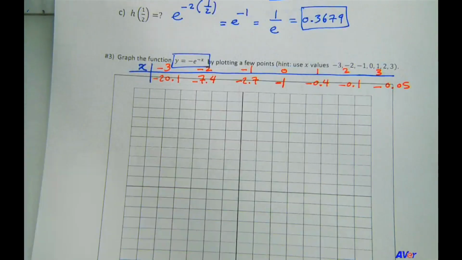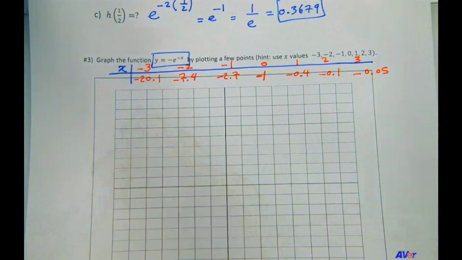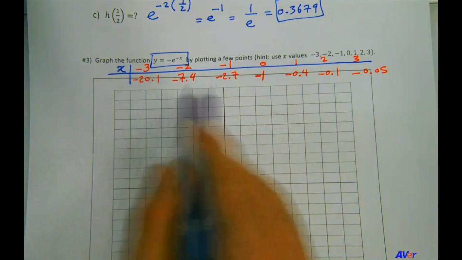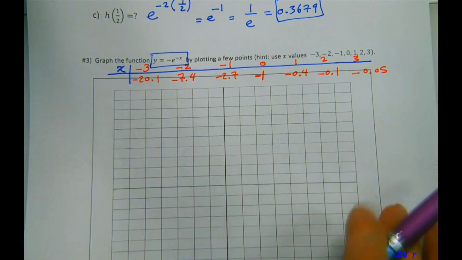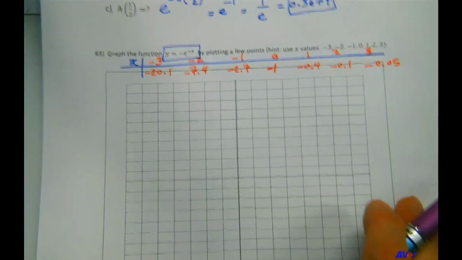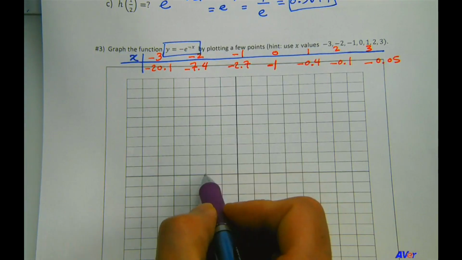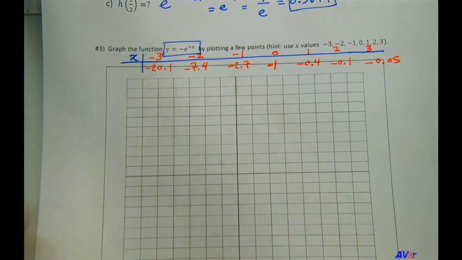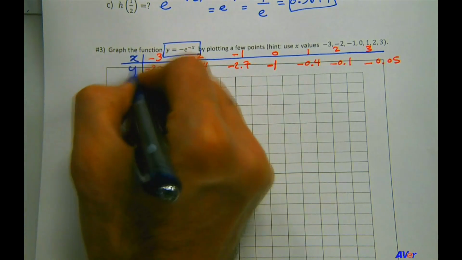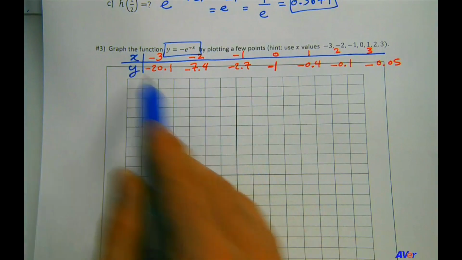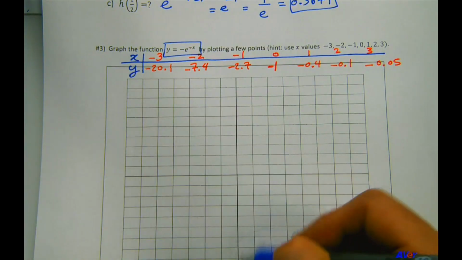Okay, so let's plot these quantities. These are small numbers, except that one. So let's see how I can increment my axis. These are y values, by the way. For y value equals minus 20, that would be way down here.